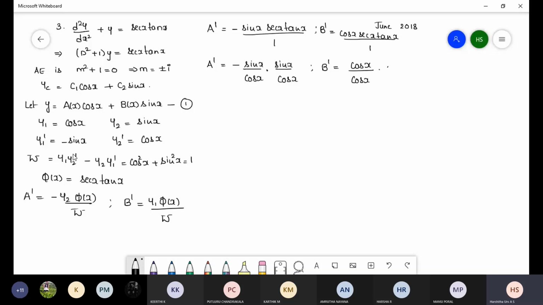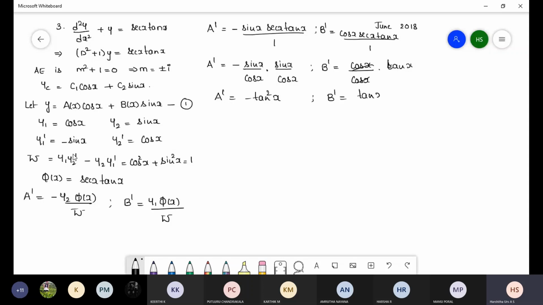Again tan I will write as it is because cos will get cancelled, and it remains in the form sin by cos. Now a dash is equal to minus tan square x, because sin square x by cos square x is tan square x.